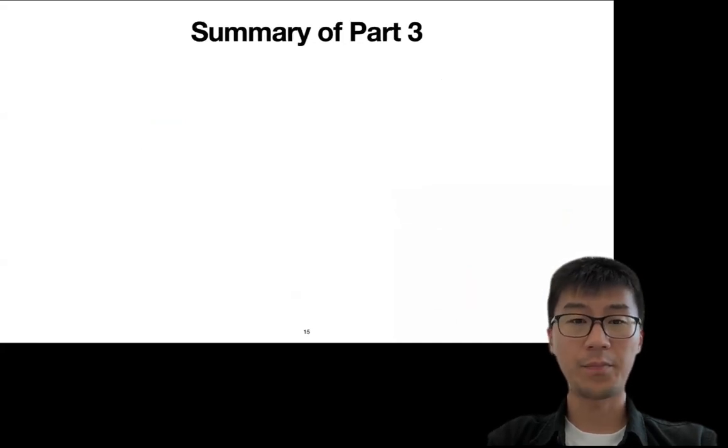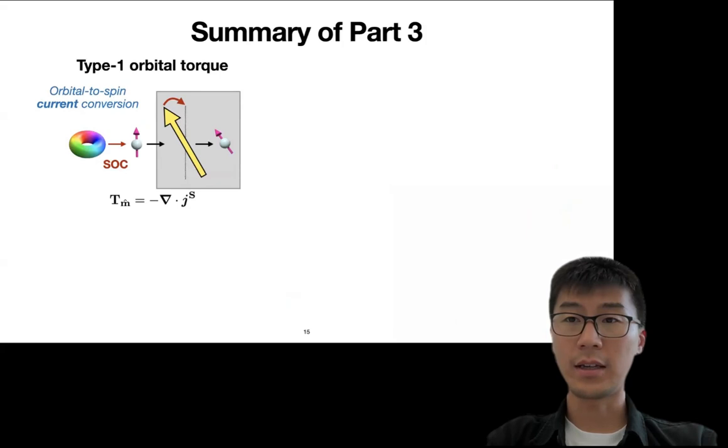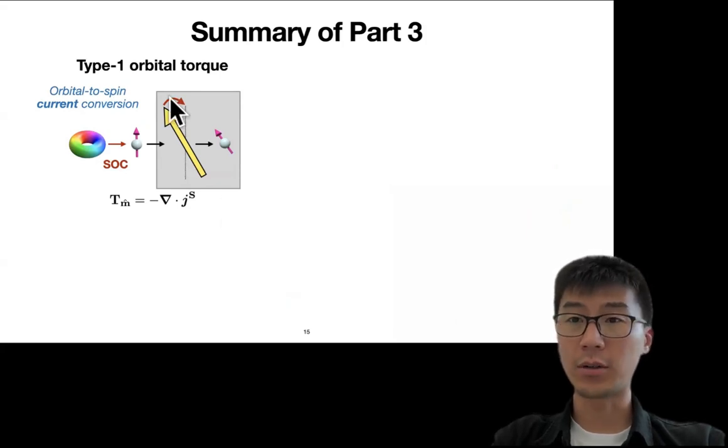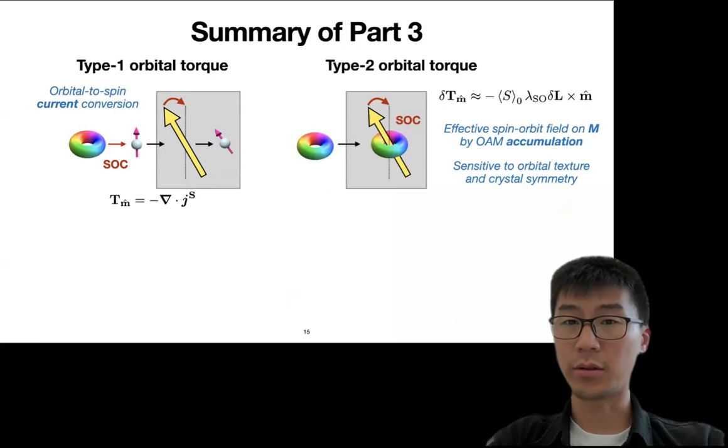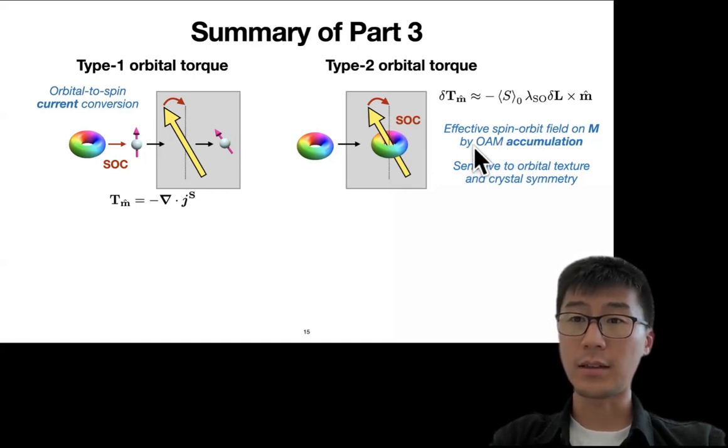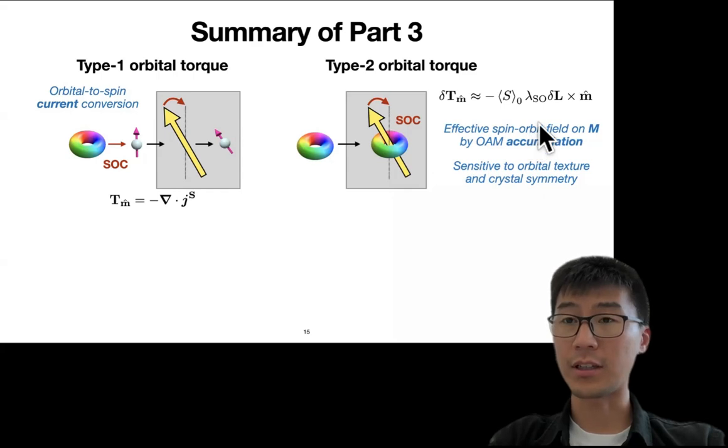So to summarize, we looked at type 1 orbital torque coming from spin injection, but the spin is prepared from orbital to spin current conversion. And type 2 orbital torque is coming from direct orbital accumulation, and it gives rise to an effective spin-orbit field on M. And this is sensitive to orbital texture and crystal symmetry.